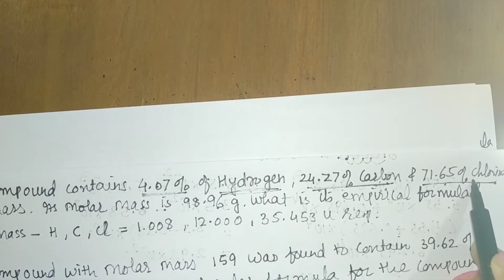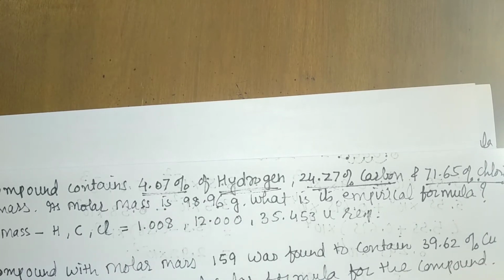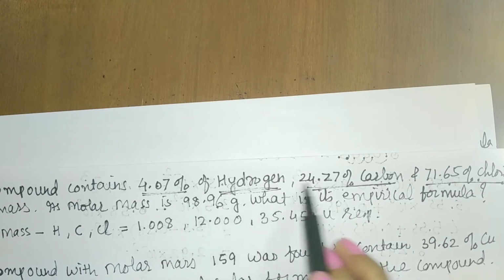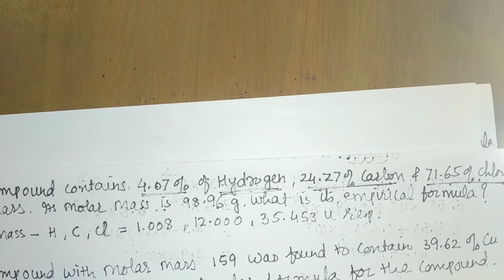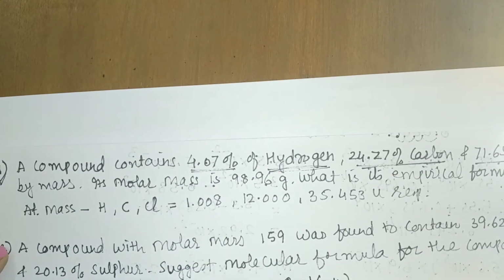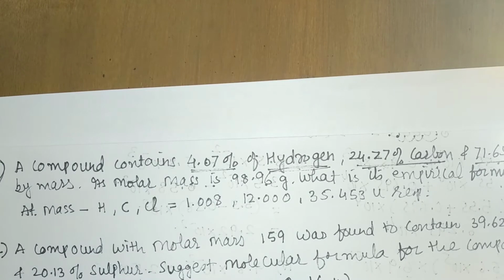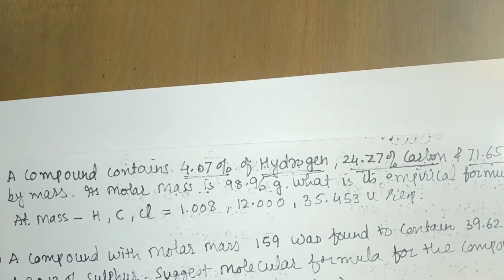If the percent comes out to 100, then you continue the calculation. But if the total is less than 100, then the total must be subtracted from 100 and the remaining composition is of oxygen, that you have to mention, and you have to continue the calculation taking the oxygen percent also into consideration.